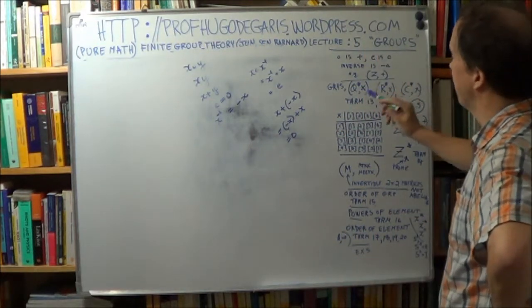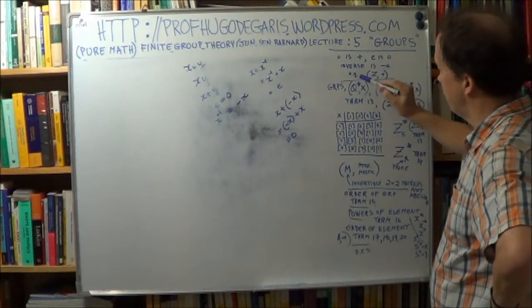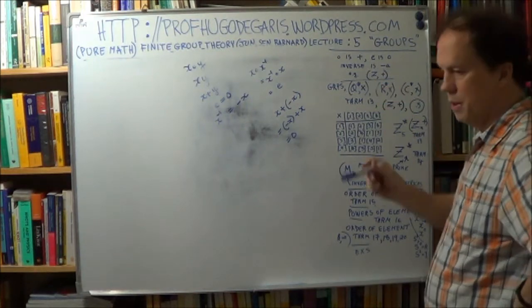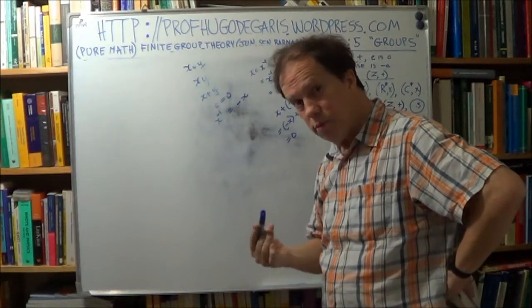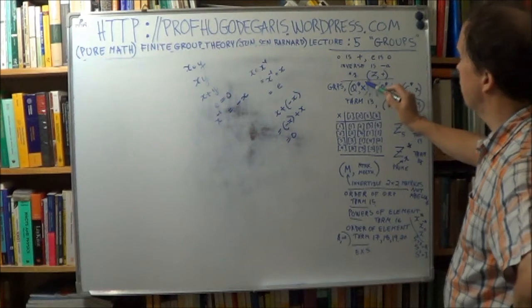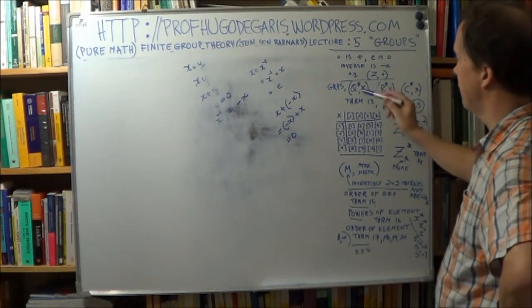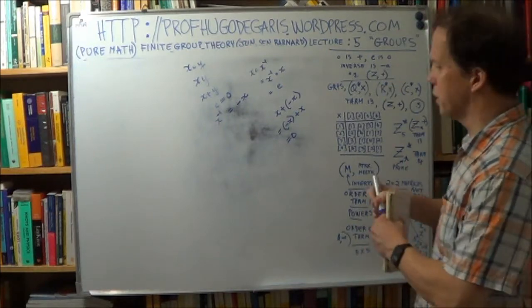So Q star, okay? And so if the set is Q star, so that means all the rational numbers except 0, and the binary operation is multiply, so that's actually a group. Well, let's actually prove it.